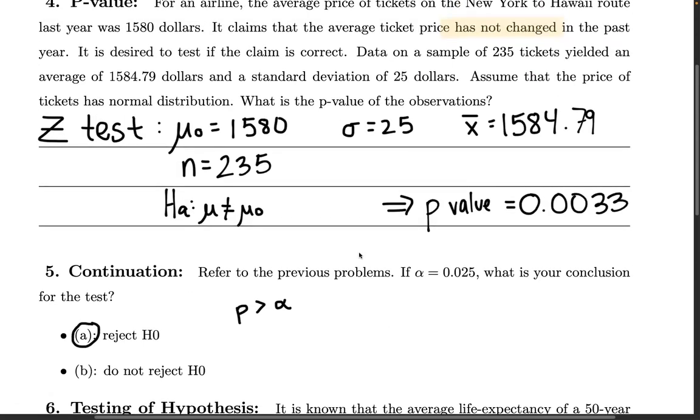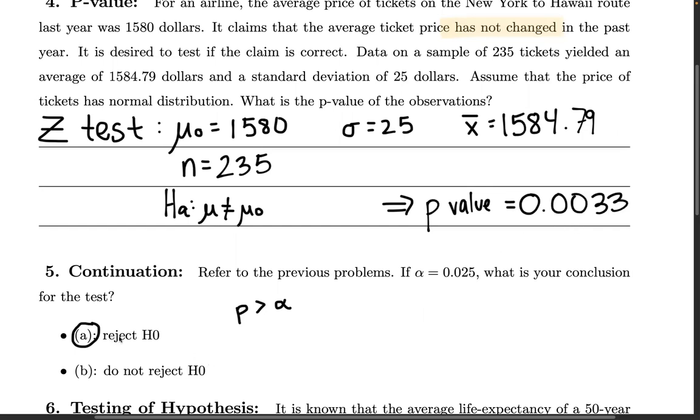Refer to the previous problem. So if alpha is 0.025, what is your conclusion for the test? So our p-values are greater than our, oh, sorry, I made a mistake.